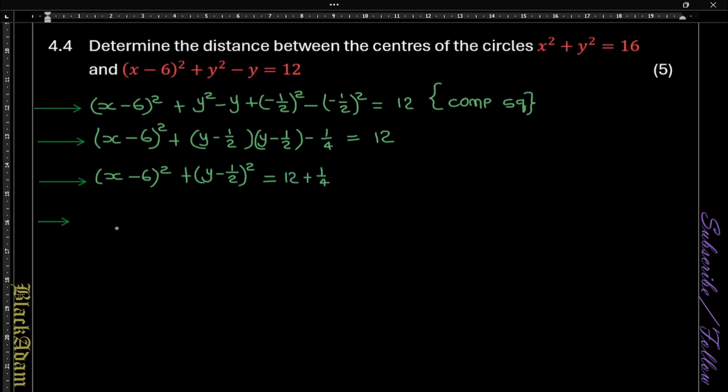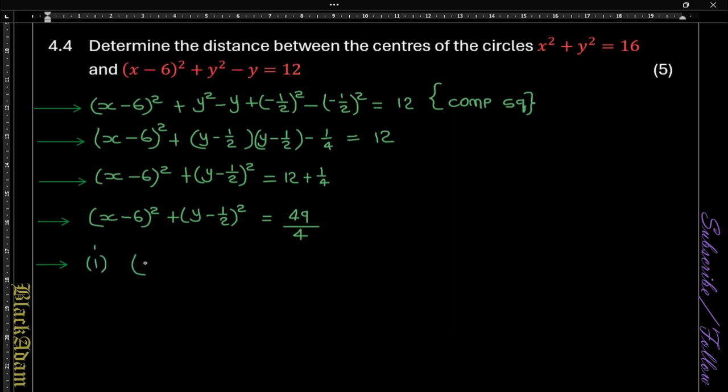Okay, so that means we have x minus 6 squared plus y minus half squared is equal to 49/4. So that gives us 12.25. So we put it in a fractional format. So we know that these are the coordinates of the center.